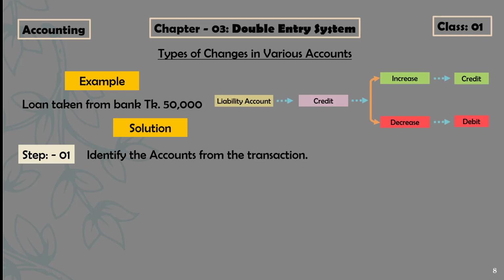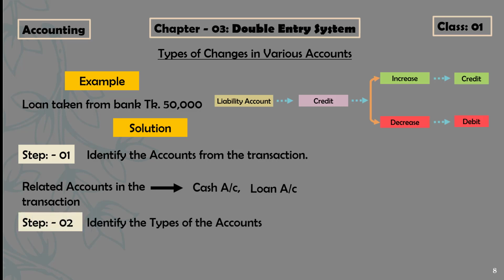According to this transaction, the related accounts are cash account and loan account. Since we have taken a loan from the bank, cash flows into the business, and the liability called loan was also increased due to this transaction.